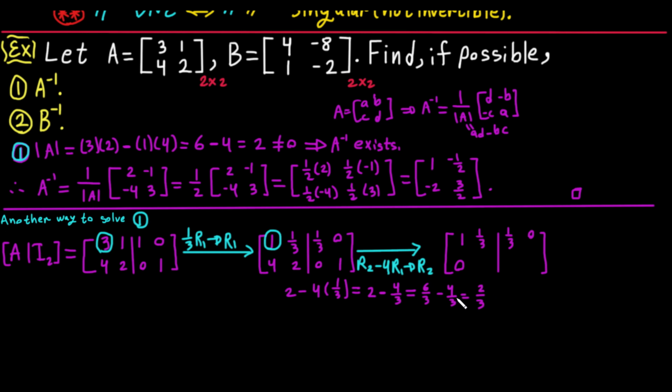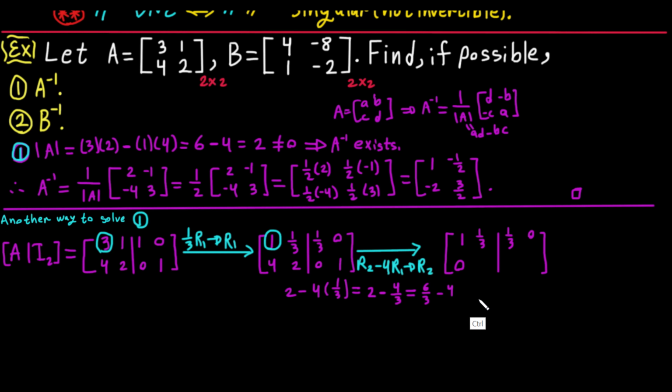So the answer will be 2 over 3 here. Here 0 minus 4 multiplied by 1 over 3 will be minus 4 over 3. 1 minus 4 multiplied by 0 is 0, so it will be 1.